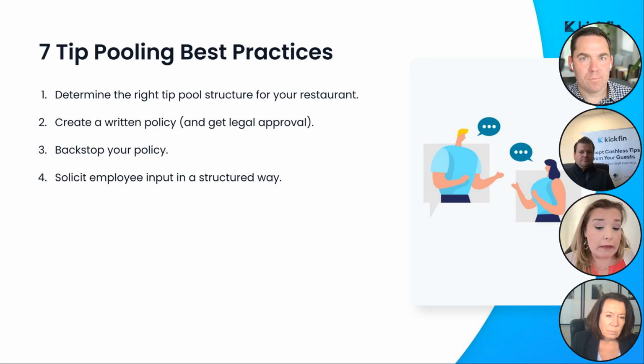You can do that through team meetings. It really depends on your group, how close knit you are, how small, how large, how many different roles you have that you want to get information from. Once you've gathered that information, start to write your policy, get an initial draft run by legal, and then run the policy by your staff before it's finalized. Tell them it's a draft, tell them this is what you're thinking, and solicit their feedback again.